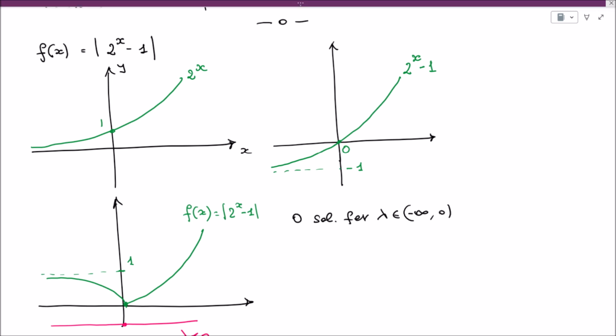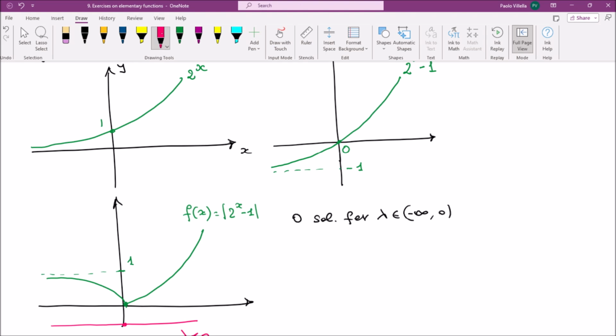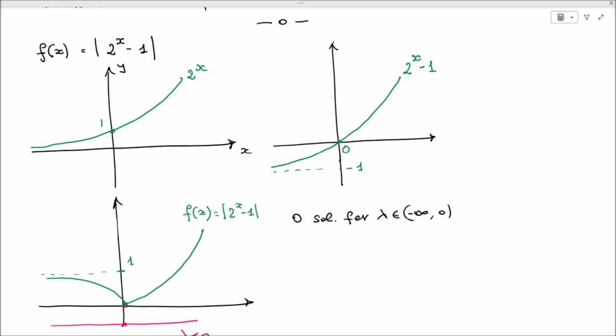If instead lambda is crossing exactly at 0, or if lambda is crossing at a value larger than 1, we will have one possible intersection.